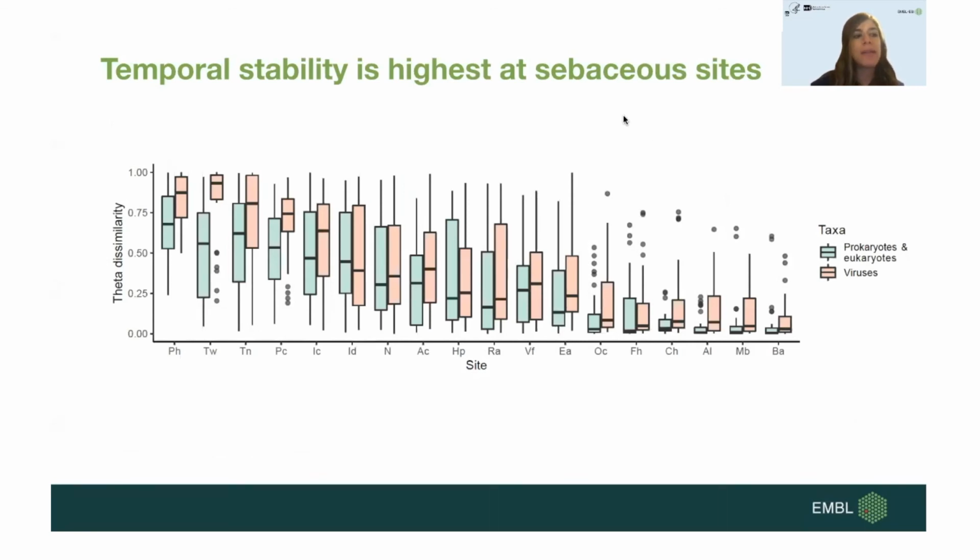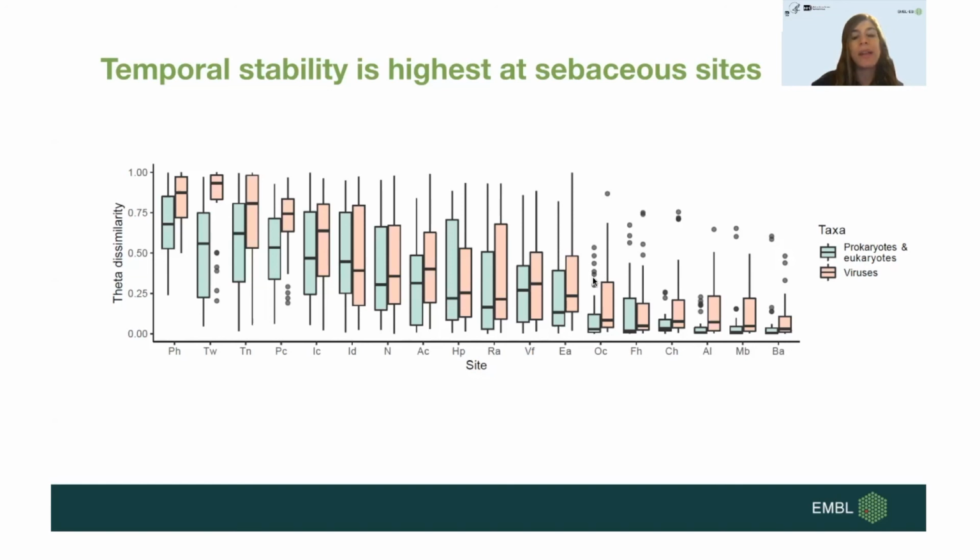And in support of this theory, we found that when comparing the composition of the same body site of an individual healthy volunteer across multiple time points, in the sebaceous sites, the theta dissimilarity was low.